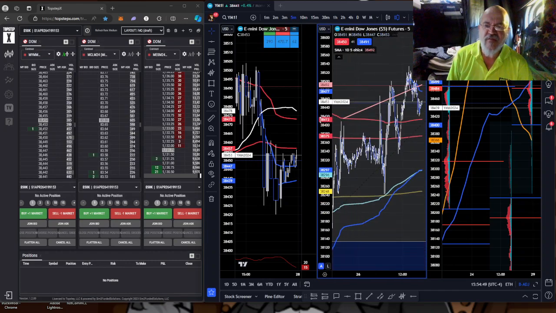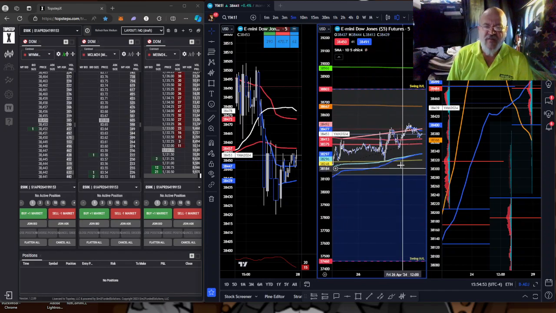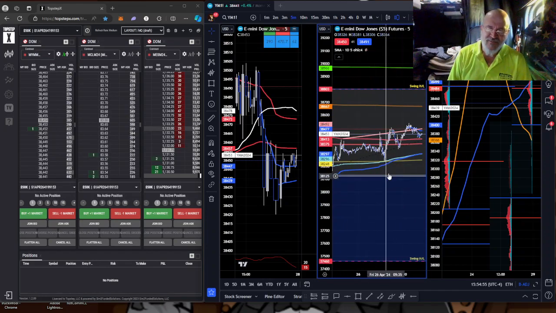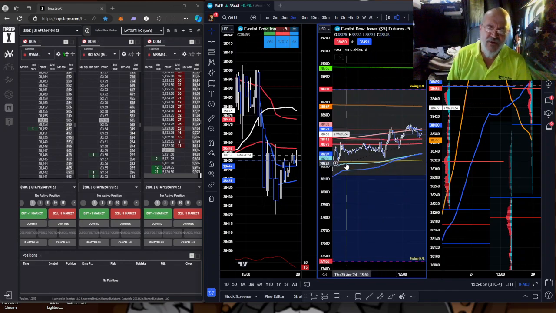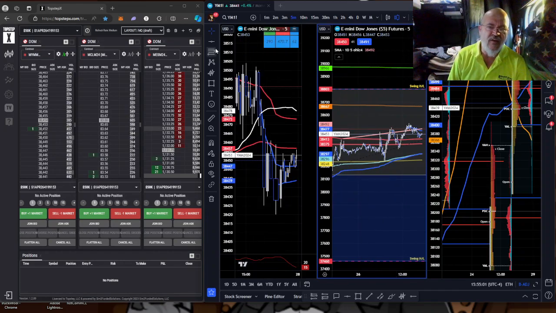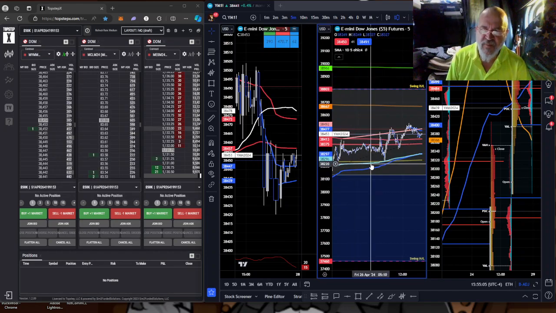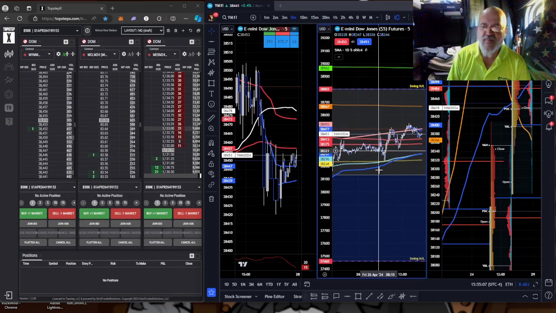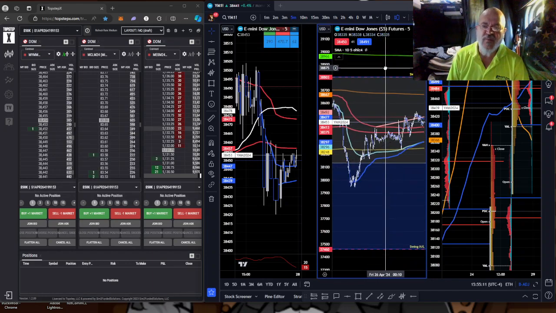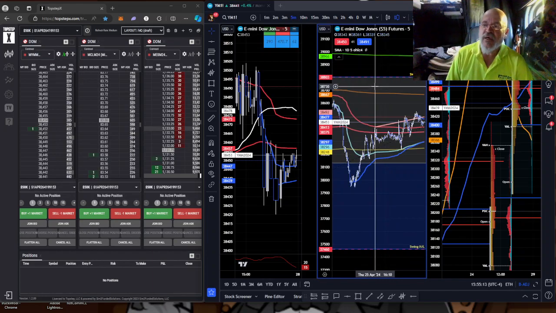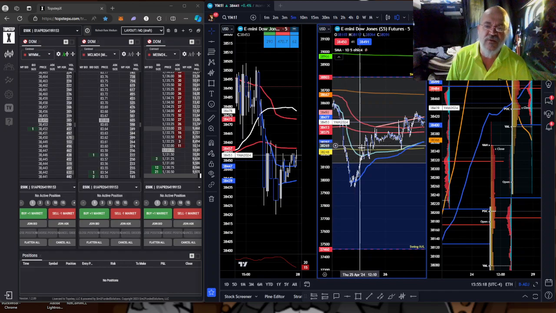If you don't have a fib that you modified for premium and discount, you really don't have to worry about it. If you want one, you can literally just take the regular fib, go into settings, delete everything but the 50% line, and put that up on your swing structure, and that will tell you where your premium discount line is. It's just another kind of visual.